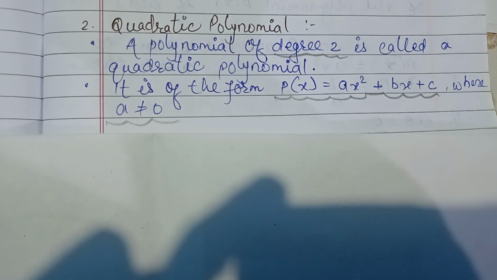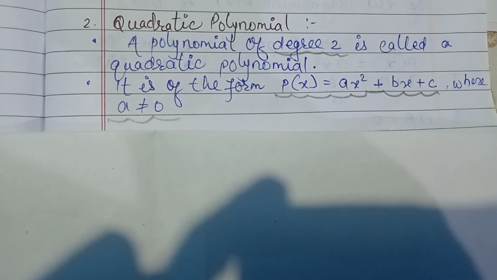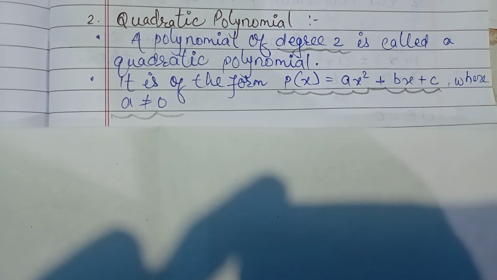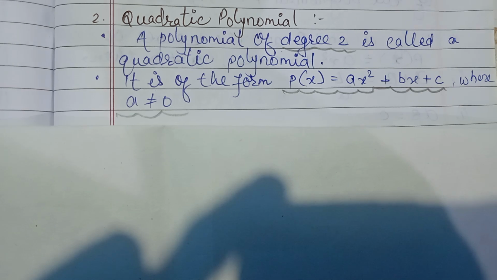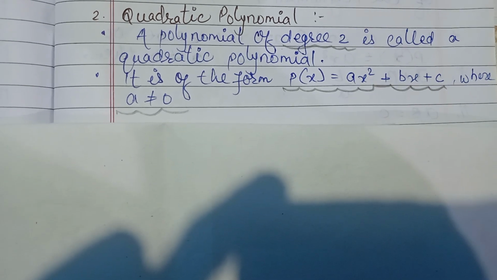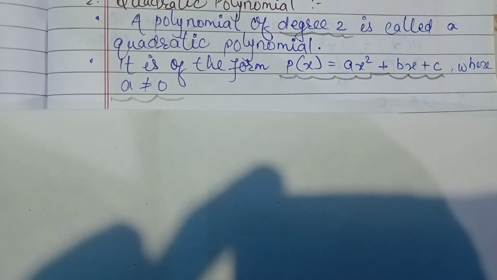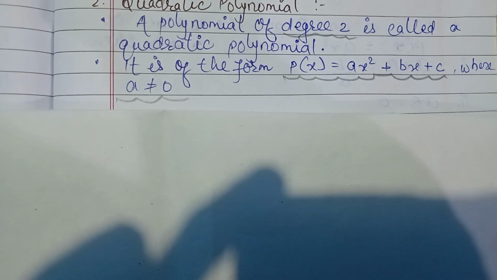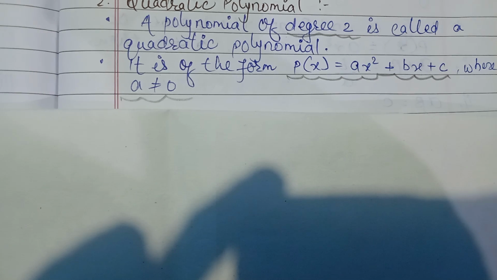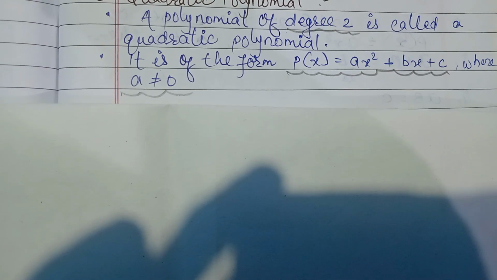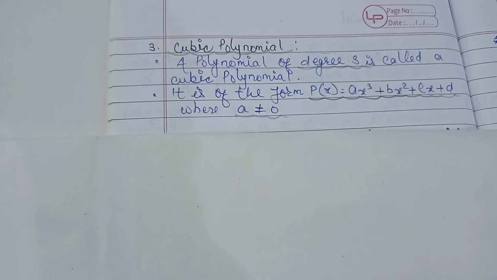The next type is the quadratic polynomial. A polynomial of degree 2 is called a quadratic polynomial. It is of the form p(x) = ax² + bx + c, where a is not equal to 0.